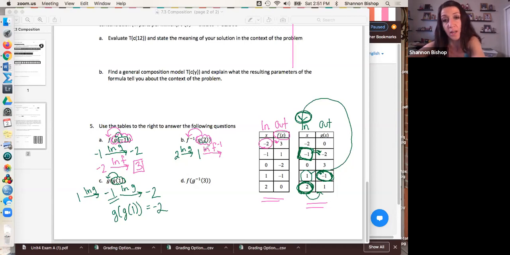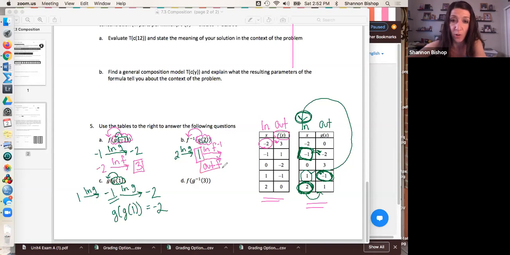If 1 is the input of the inverse, then doesn't that also mean that it's the output of the original? Yes, it does. The whole definition of inverses is that the inputs and the outputs are reversed. So if you're trying to find the input on the inverse, well, that's otherwise known as the output of the original. So where should we be looking for the number 1 right now?